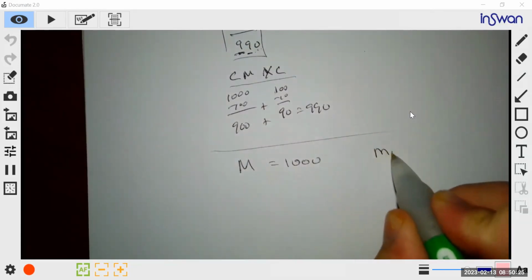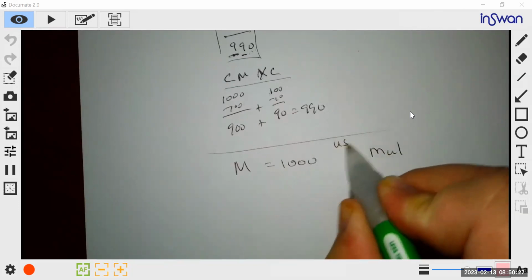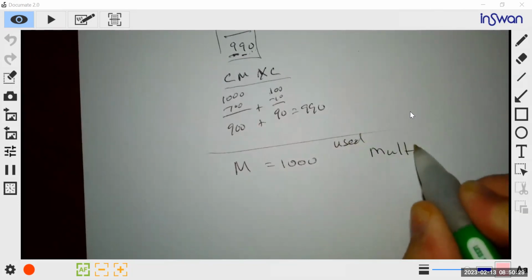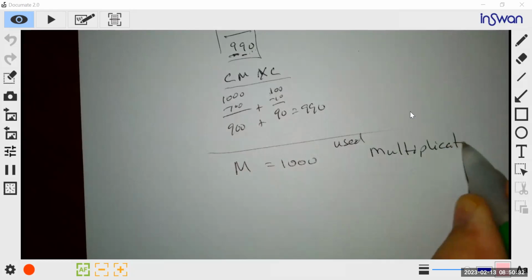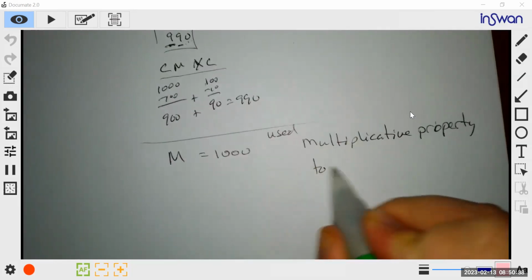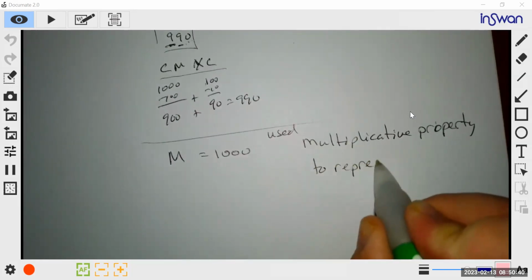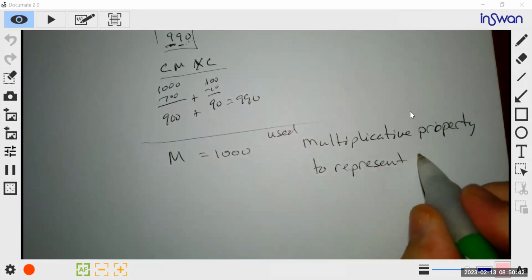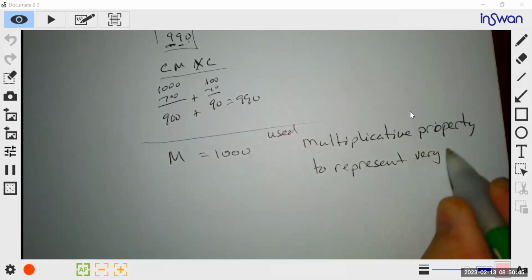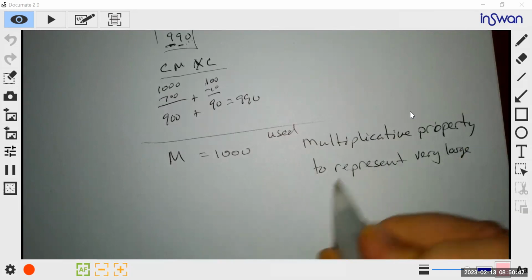Romans used the multiplicative property to represent very large numbers.